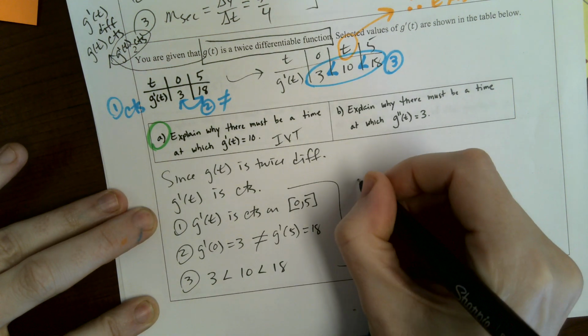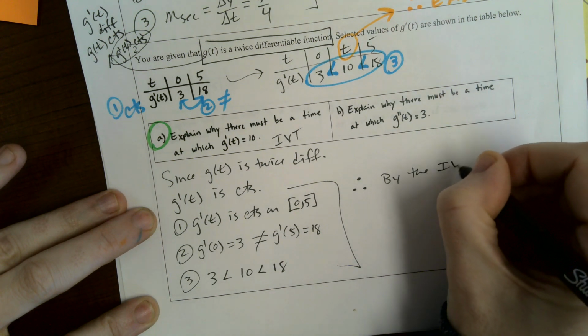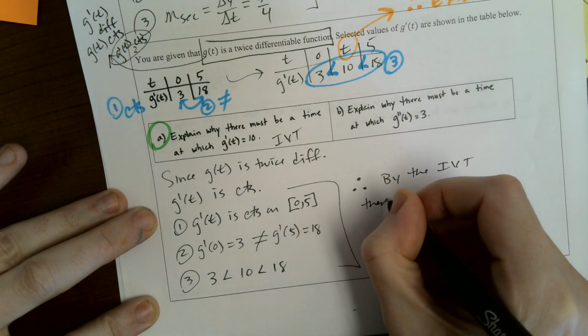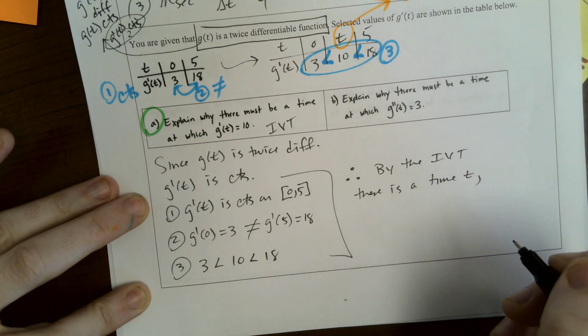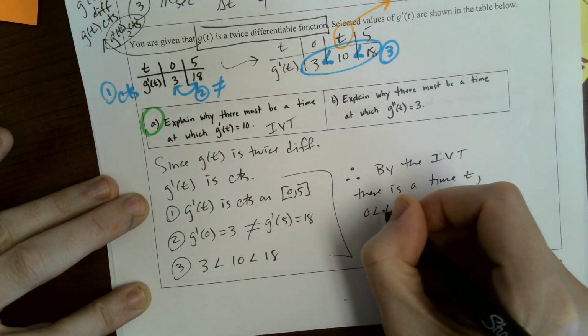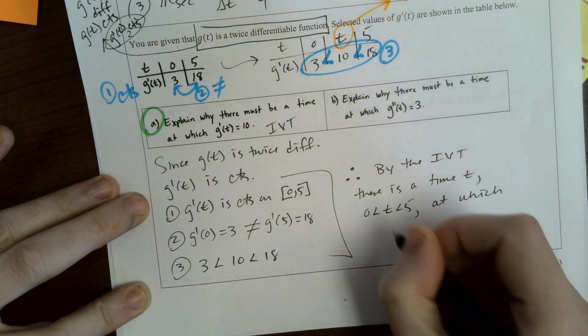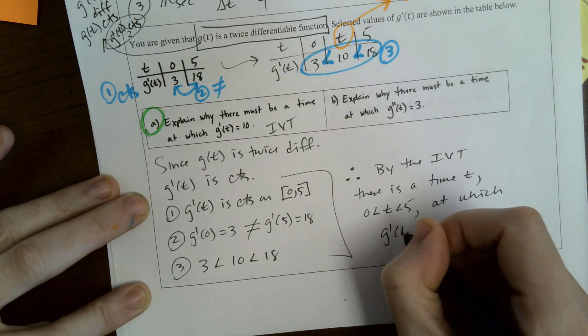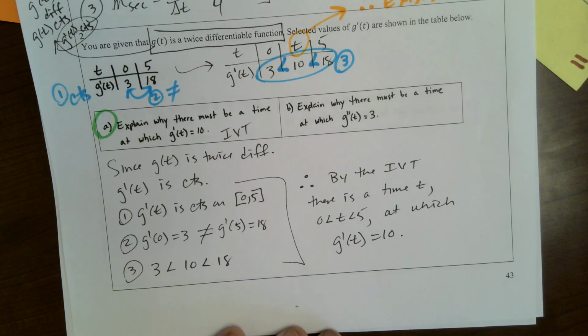So I have all of those. Therefore, by the IVT, there is a time t, 0 is less than t is less than 5, at which g prime of t equals 10.